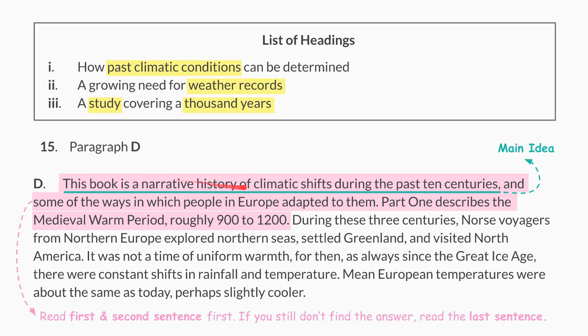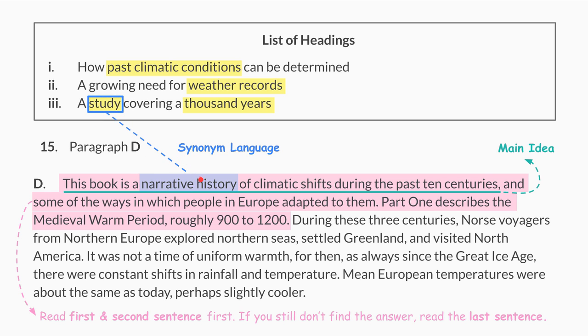Now take a look over here. It says narrative history. What is that synonym language for? Take a look at the answer choices here. What is this term synonym language for? Can you guess? If you guessed study, then you are correct. This is synonym language for study.